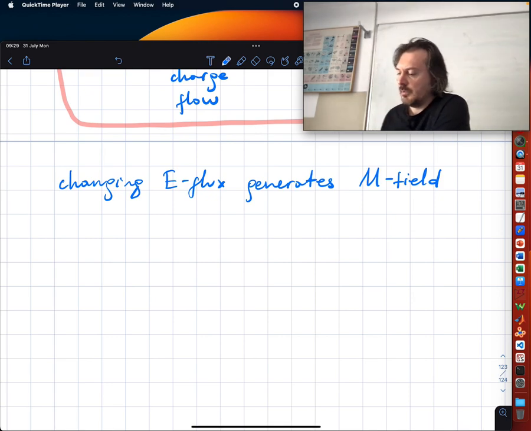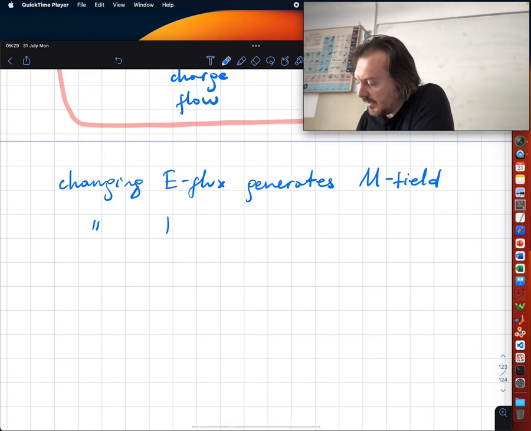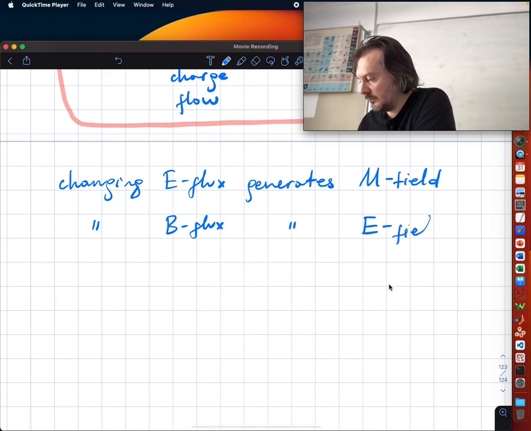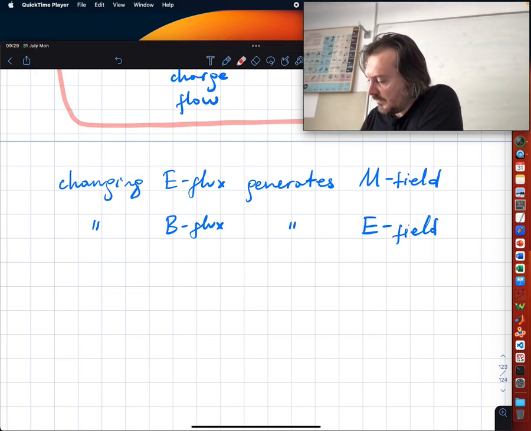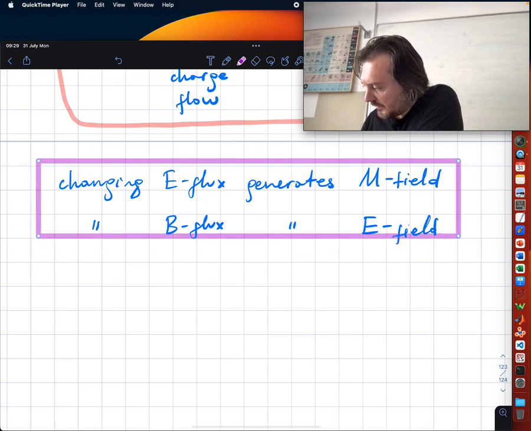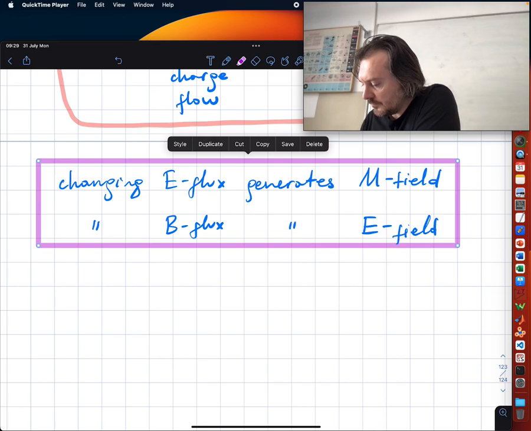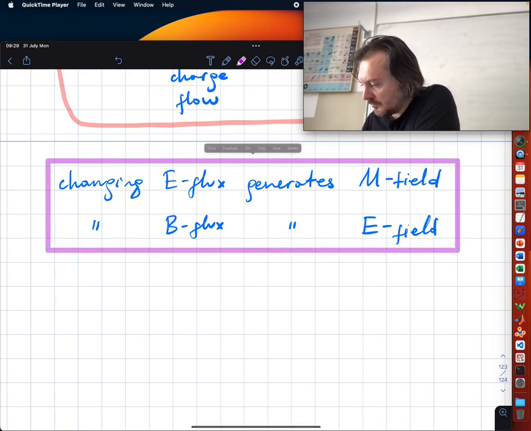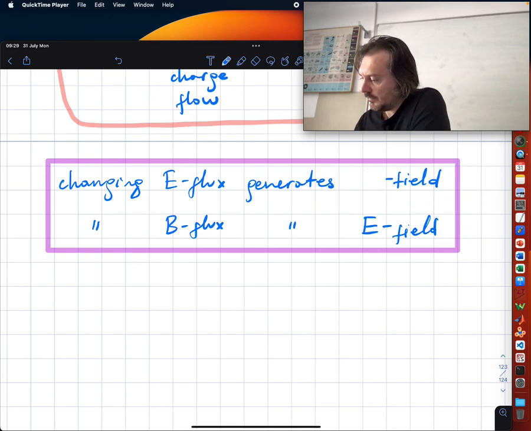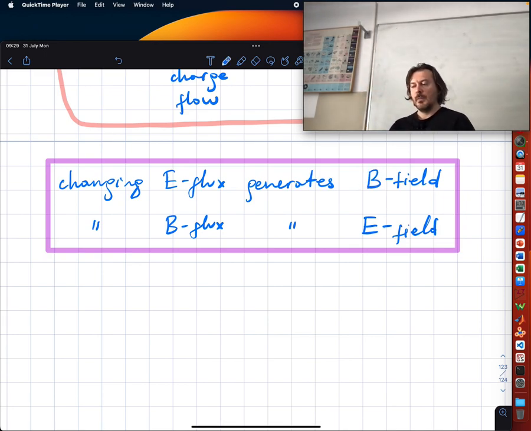Similarly, changing magnetic flux generates electric field. This is the nice symmetry that Maxwell pointed out. Wouldn't it be better to write B fields instead of M field? It's more symmetric.